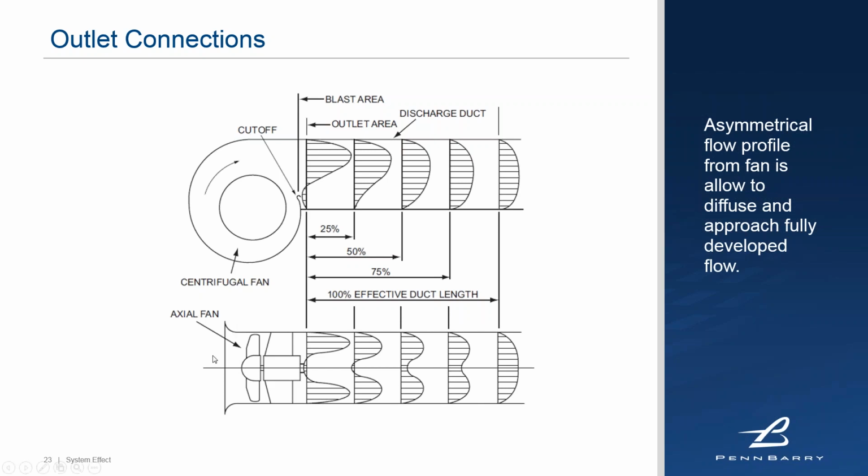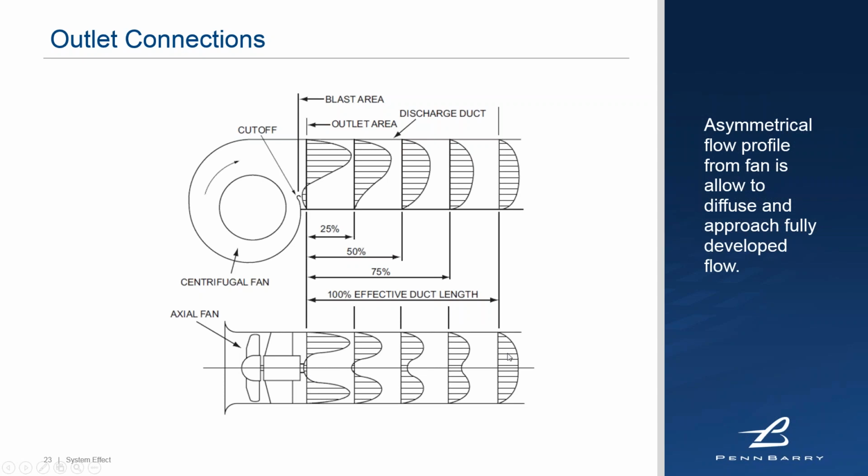Same type of rules apply to an axial fan, but because the tip of this blade is moving faster in terms of absolute speed than the interior, this is going to create a higher velocity on the outside than it does nearest the hub.